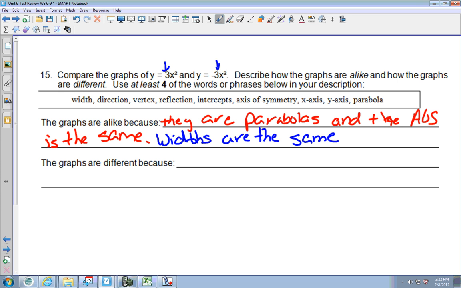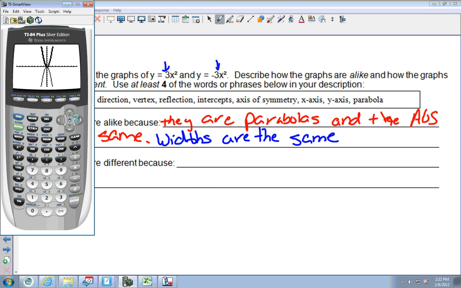Now, what's not the same? Well, this one opens downward and one opens up. So the direction is not the same.